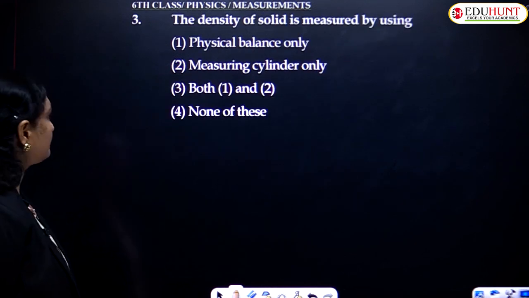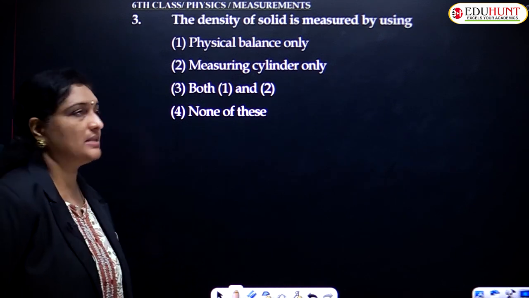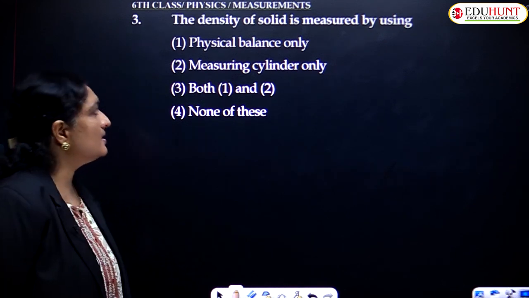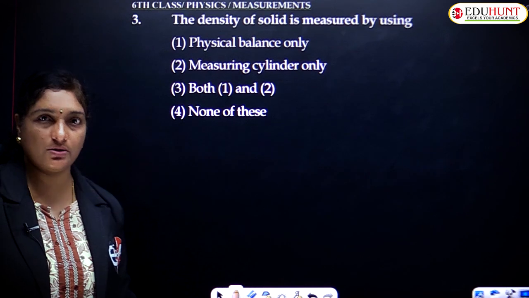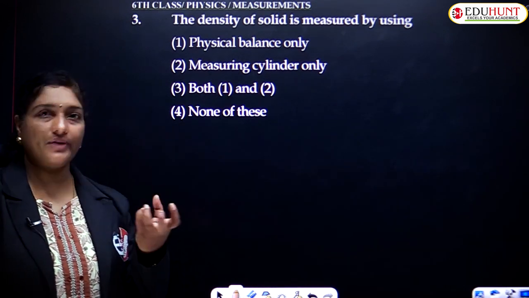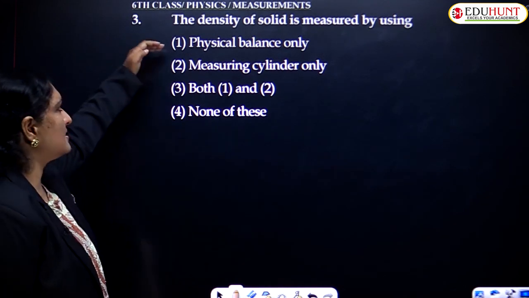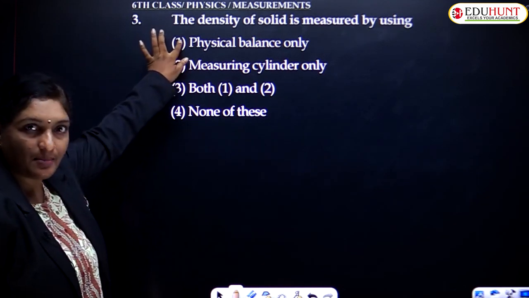Next question. The density of a solid is measured by using a physical balance, a measuring cylinder, or both 1 and 2. I told you just now that if you would like to measure the density of any object, say a stone, first with the help of a physical balance you measure its mass.